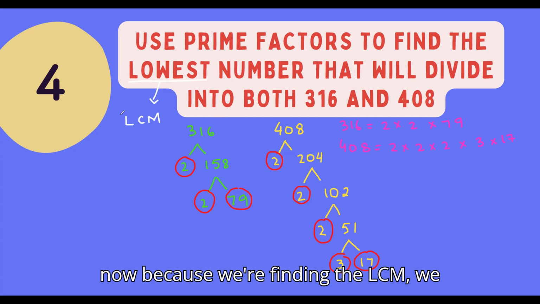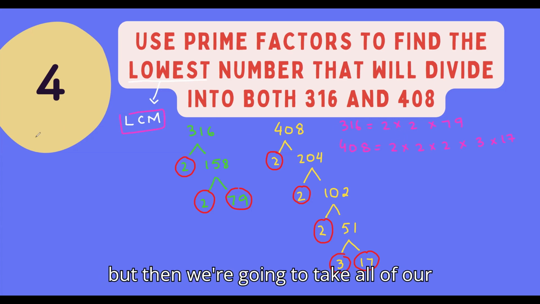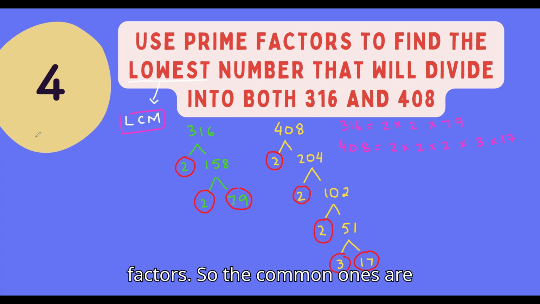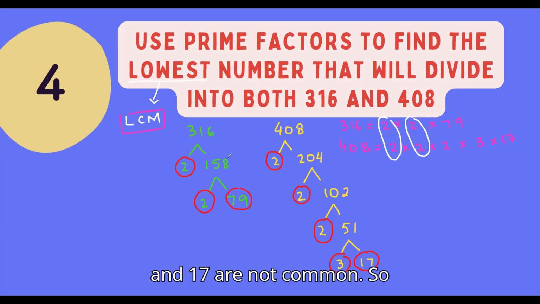And now because we're finding the LCM, we need to figure out the common factors, but then we're going to take all of our factors. So the common ones are 2, 2, and 79. 2, 3, and 17 are not common.